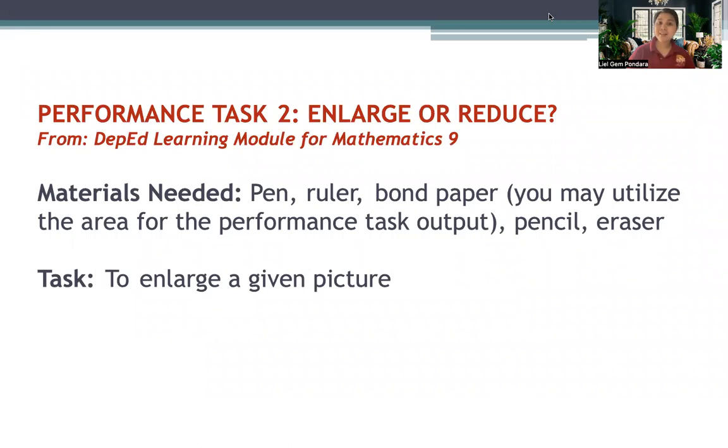You need a pen, ruler, bond paper, or you can utilize the bond paper in your PT, or if you want to use a graphing paper, no problem. A pencil and eraser. Now our task is to enlarge or to reduce a given picture.